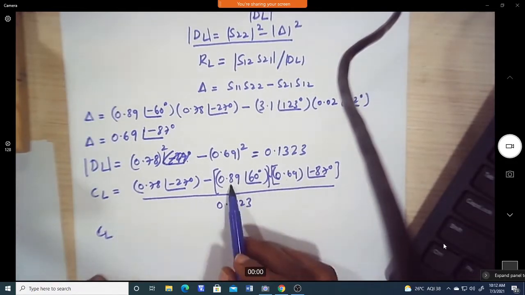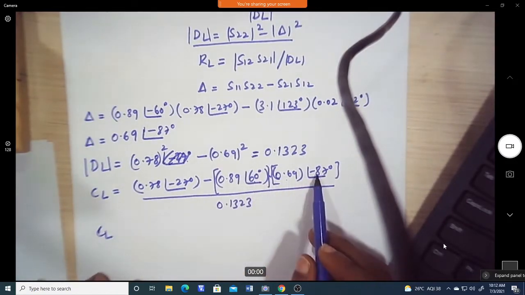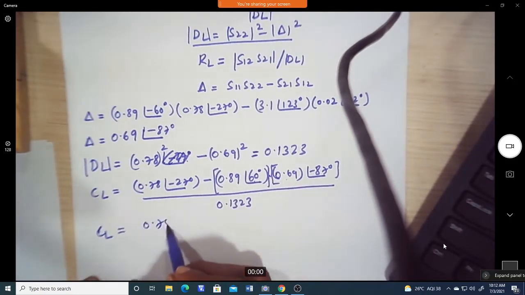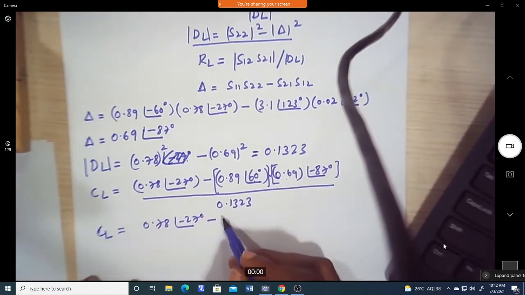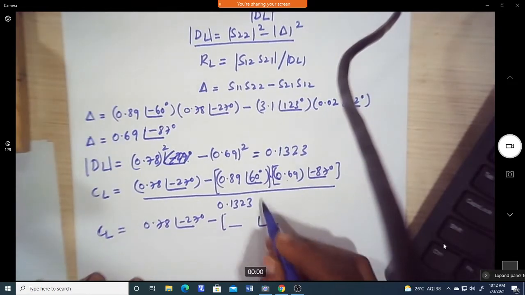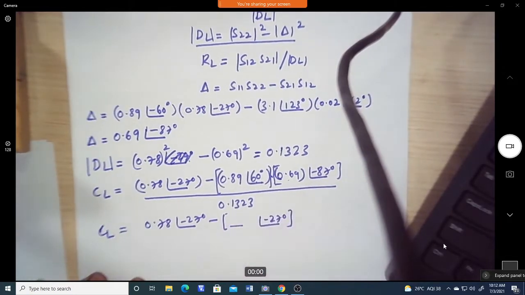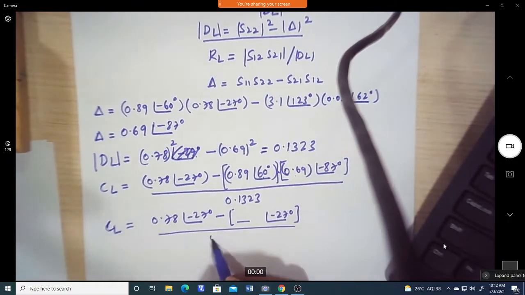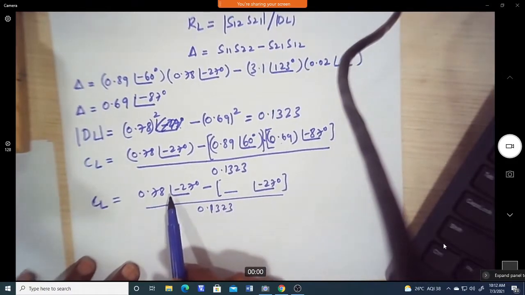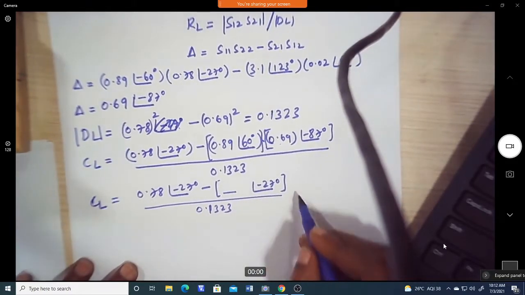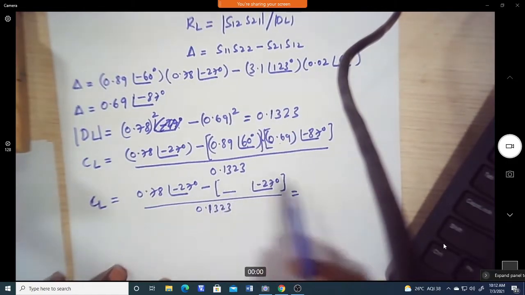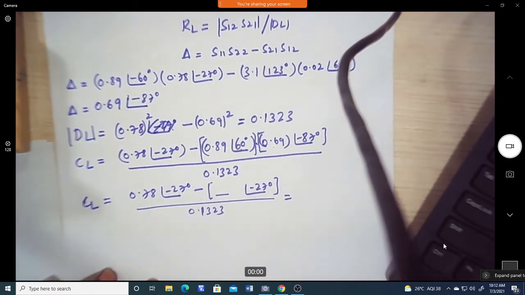First multiply this, and then add these two. You will get an angle of minus 27 degree, and put the magnitude 0.78 at an angle minus 27 degree, minus the product. In order to subtract, first convert both to rectangular form to get the values, and then finally convert back to polar and divide by the magnitude value.